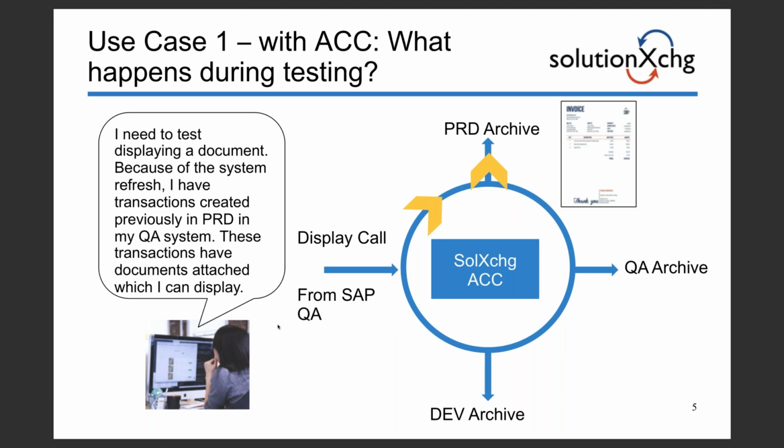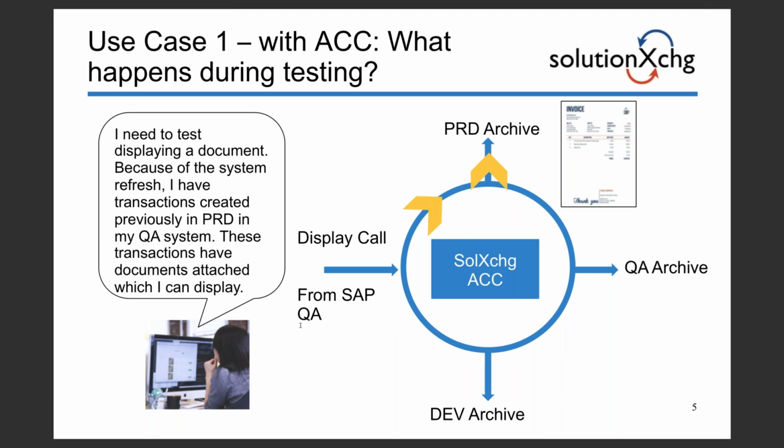They try to display a document, and because of a system refresh, the transaction, the document that was previously accessible and could be displayed wouldn't work unless you have the ACC installed. Now, with that ACC, the documents can be displayed correctly, and the documents can be retrieved in a read-only mode.